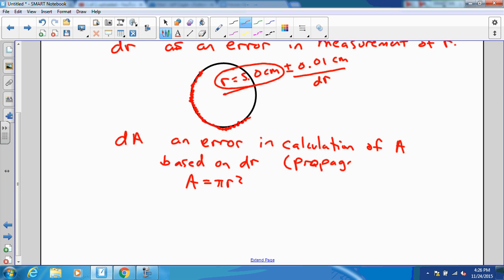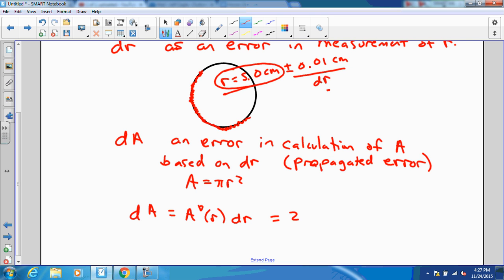And we're going to call the error in the calculation based on another error a propagated error. In other words, I made an error in the measurement of dr. I couldn't help it. My instruments are limited and my technique is limited. I made an error in the measurement of dr, and that error now propagates to all the calculations I make with r.